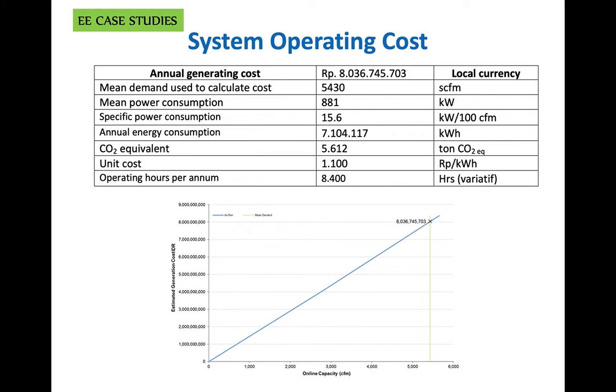Because in screw type, the best specific power consumption that I have ever found in a plant installed is about 17 something, 17 kilowatt per 100 cubic feet per minute.